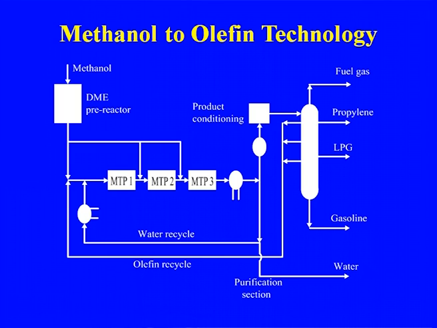Here, the raw material methanol, as I told you, will be from synthesis gas. The interest in methanol is because of the coming of a huge amount of natural gas available in various countries.